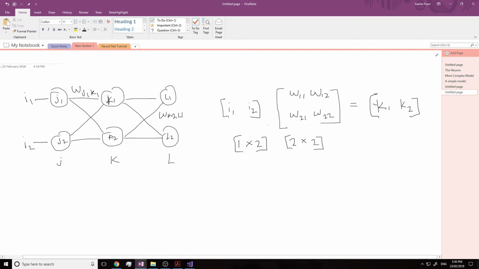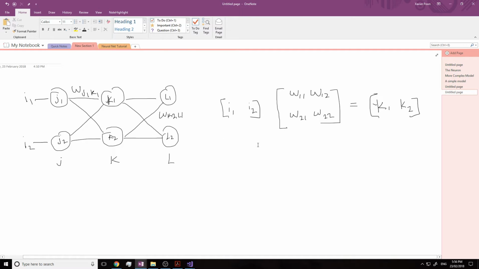If they're the same, that means these two matrices can be multiplied by each other. Now, if you want to know what the shape of the resulting matrix is, that would be the outer numbers here. So if you put them together, you get a 1 and a 2. So it'll be 1 row and 2 columns. Here you have 1 row, 2 columns. So that makes sense.